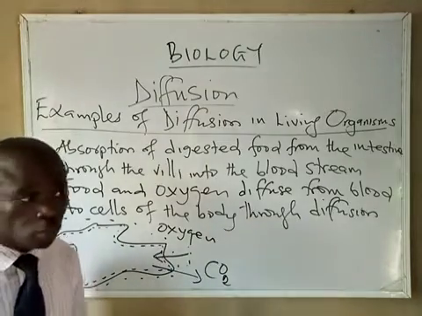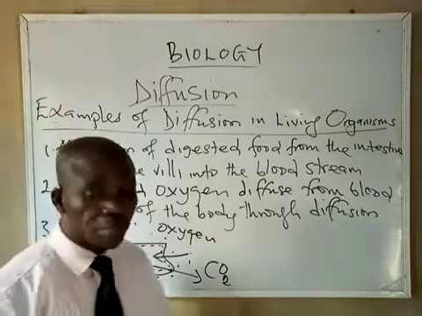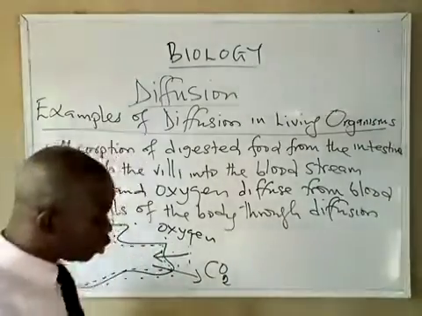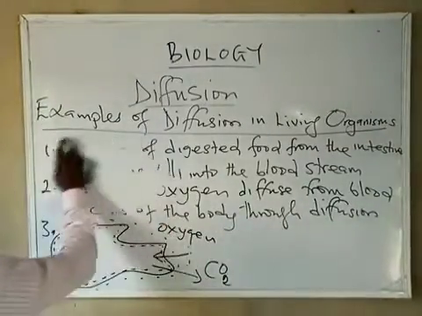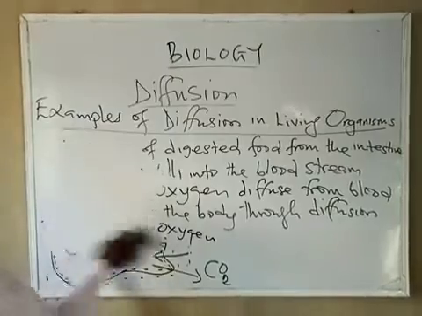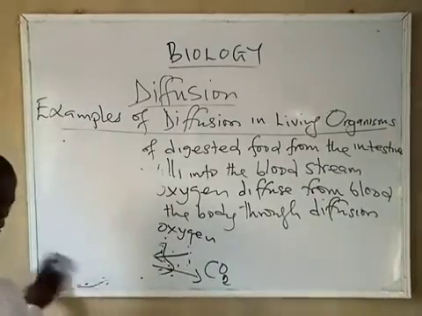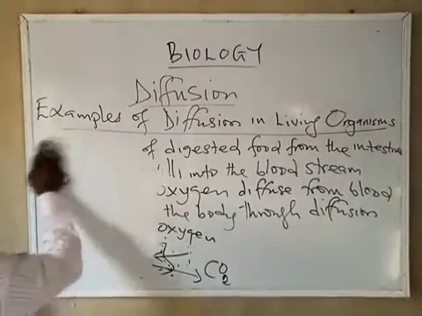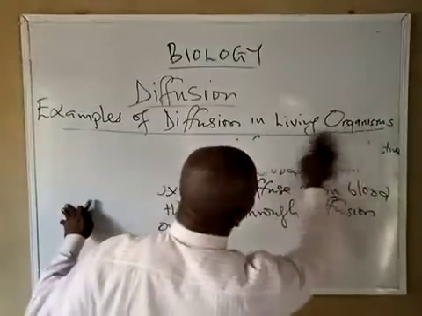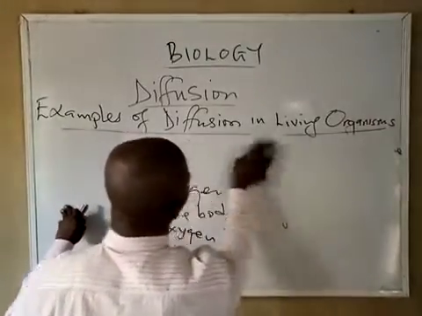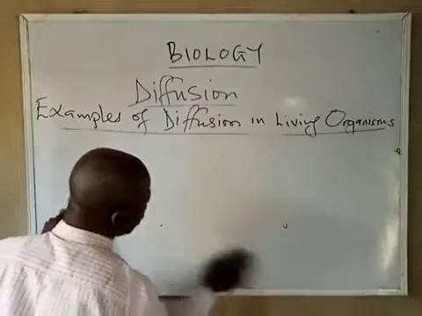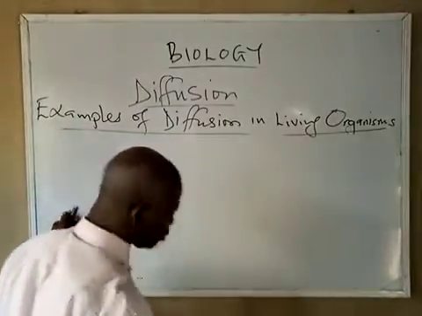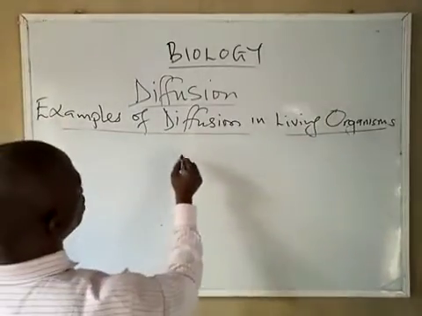Now, diffusion does not only take place in animals. Diffusion also takes place in plants. For example, during the process of photosynthesis, the movement of carbon dioxide in the leaves.